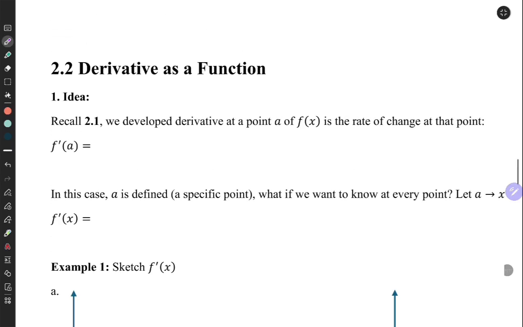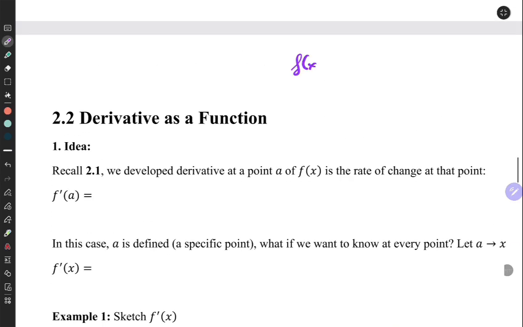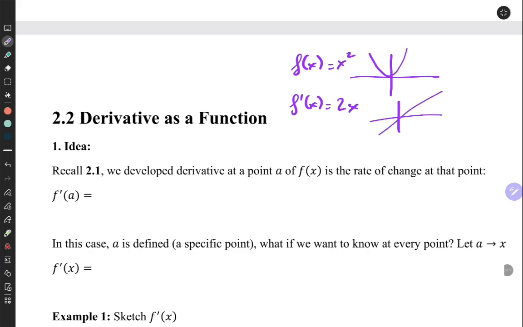For example, f of x is, if I roughly draw that, a parabola, x squared. Then you find the derivative, you have 2x. It's going to be a straight line like that.